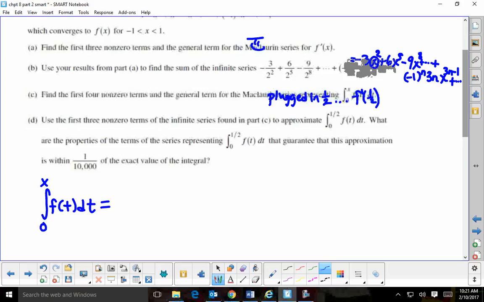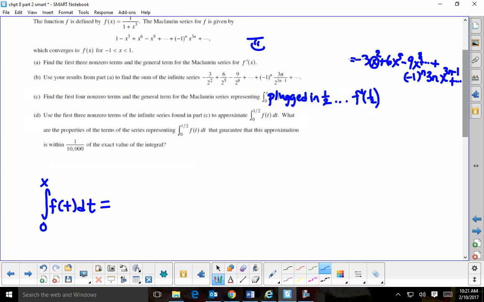Antiderivative. Okay. Antiderivative of 1 is x. Well, but we're doing t. Sorry. Yeah, because it's in the t's.